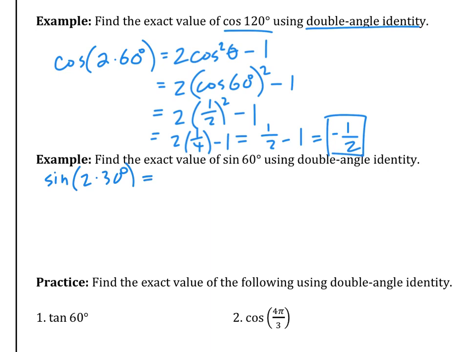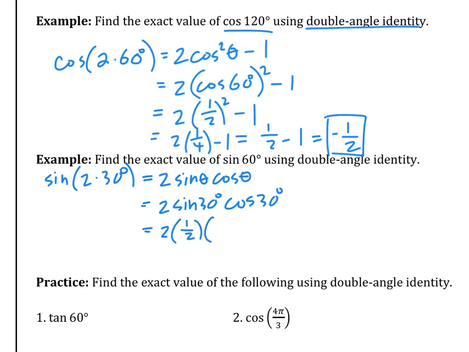Okay, applying the double angle formula, which is 2 sine cosine, this becomes 2 sine 30 times cosine 30. Sine 30 degrees is 1/2. Cosine 30 degrees is square root 3 over 2. Multiply everything together. First, this cancels, so it's just square root 3 over 2.